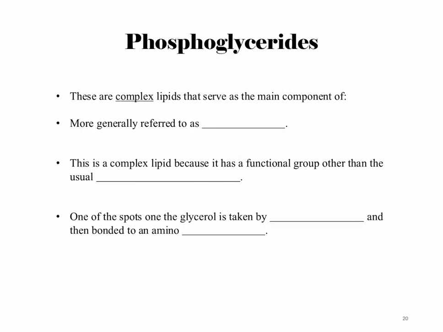The next lipid we have is a complex lipid. This is our first complex lipid. So these are generally referred to as phospholipids. And they're similar to triglycerides, except we have other functional groups besides the usual ester, carboxylic acid, or OH functional groups.